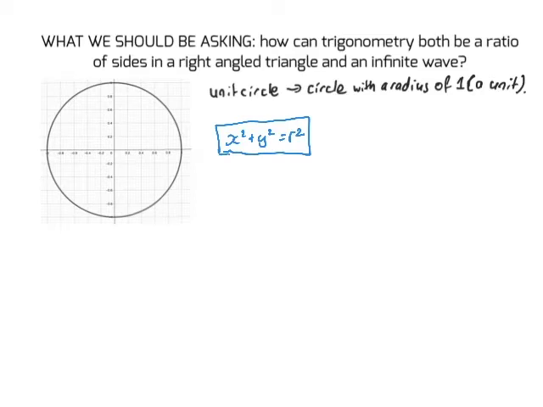In this situation, that gives us an equation of this circle as x squared plus y squared equals 1, because 1 squared is just 1. Now, x and y are essentially any coordinate that exists on this circle. Every single coordinate on this circle can be represented through that equation.